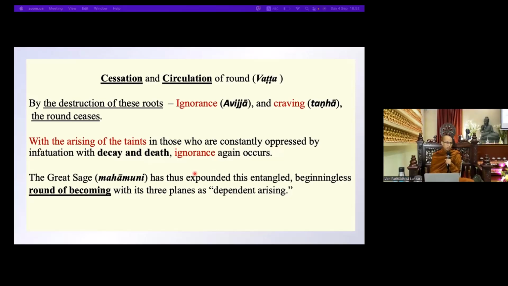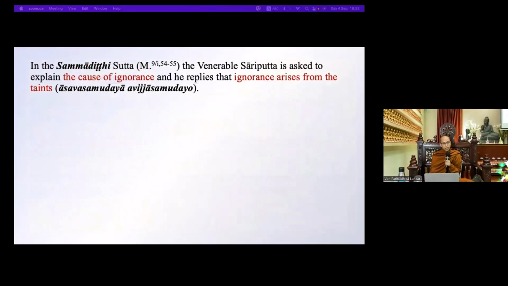The round of rebirth will continue. So let's search for the condition of ignorance. The Buddha says in the Majjhima Nikaya, Samadhi Sutta, asava samudaya avijja samudaya.